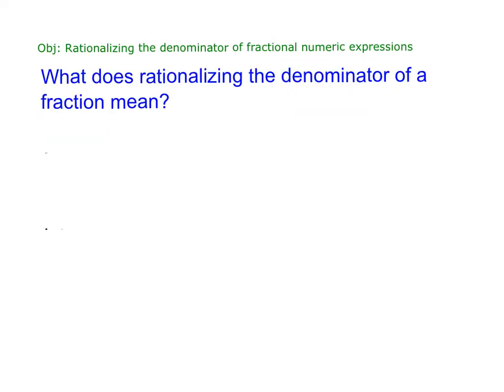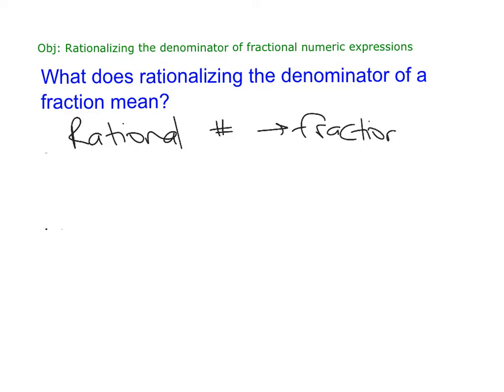Okay. What does rationalizing the denominator of a fraction mean? So remember, a rational number is something that can be written as a fraction. An irrational number can't be written as a fraction, and the most common examples of these are square roots that we don't know.